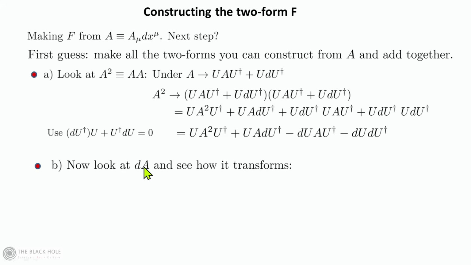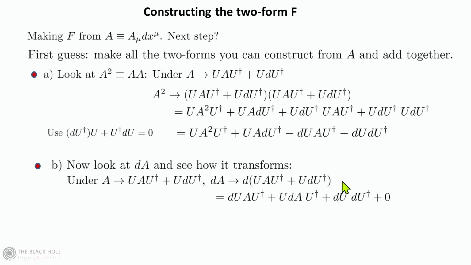Now let me look at dA. Okay, so A, of course, goes like this. So how does dA go? Well, let's apply d to this thing over here, U A U dagger. What do we get? Okay, so d acting on U gives you dU, and there's A U dagger, of course, left over.